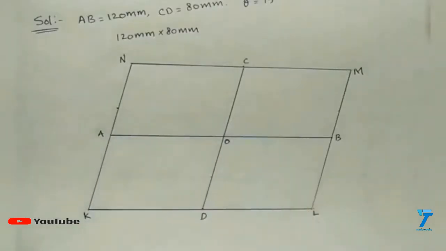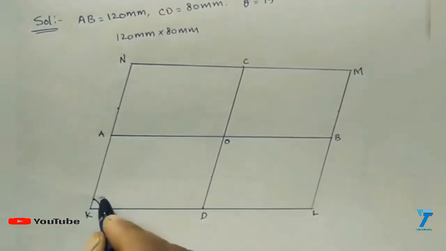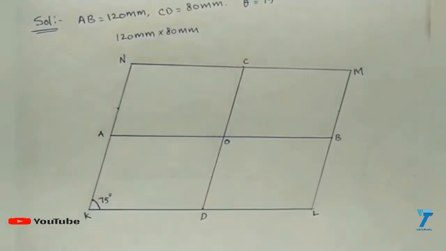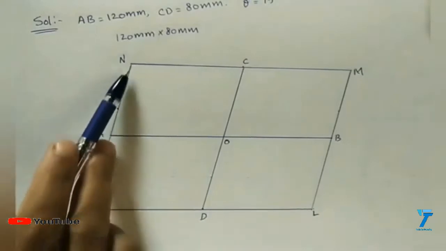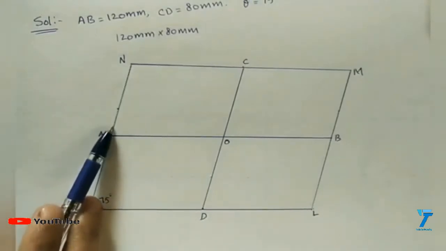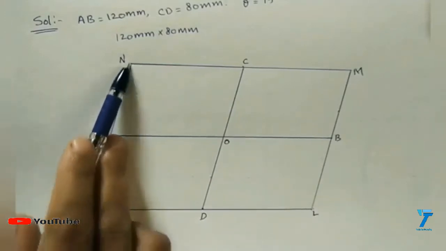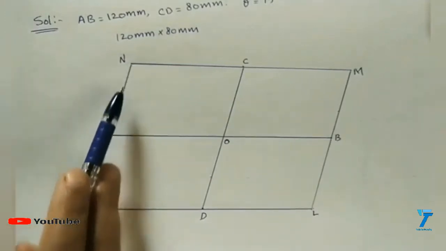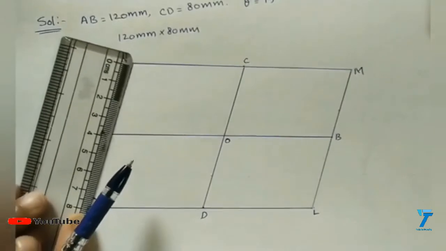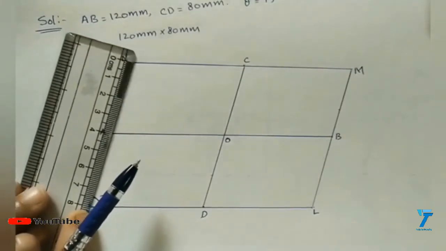After getting these two lines, just mark the angle. This angle is 75. It is a given angle. Here, divide into some 3 or 4 parts. Okay, we can divide any number of parts here. So I am taking this is 4 cm. NA I am dividing into 4 equal divisions. By using scale, we can mark directly.